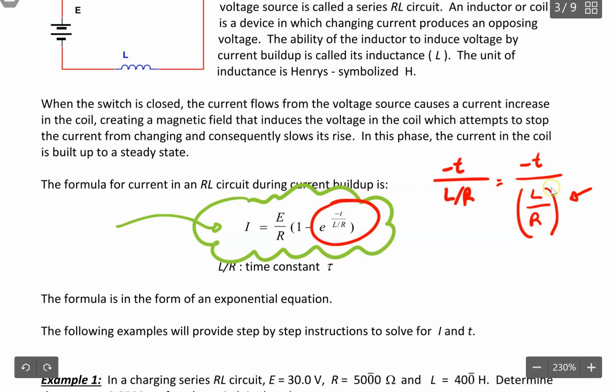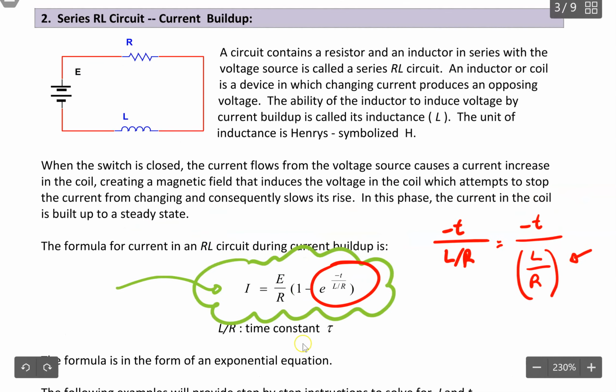How can you match the unit with the time? In order to eliminate the unit, you can take e to that certain exponent. So in this RL circuit, the time constant is L divided by R. This step is very important. I always recommend that everyone perform this step first so that you can simplify the number.